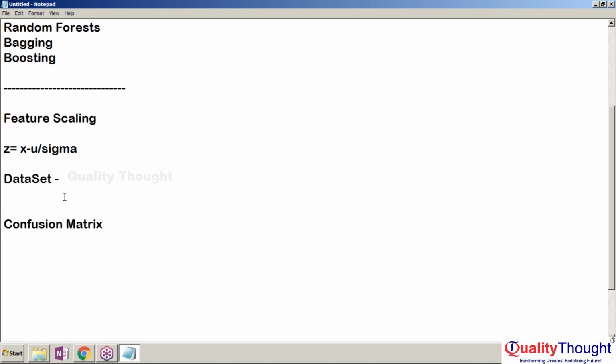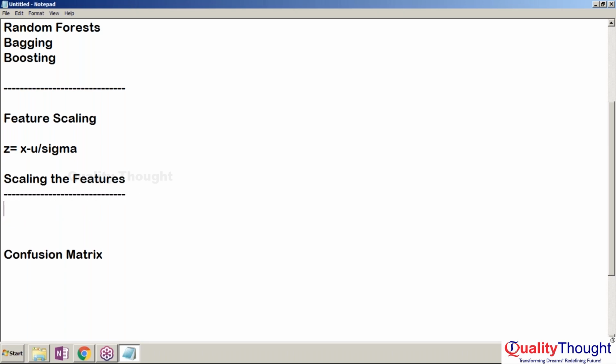Here, there are 4 different methods in feature scaling. Scaling the features. Features are none other than the predictors anyhow. The very first one is standardization.